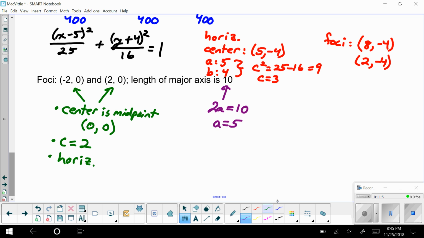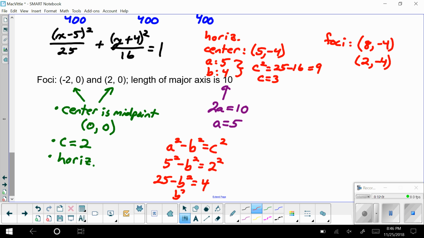But I also know that A squared minus B squared equals C squared. So 5 squared minus whatever B squared is has to equal 2 squared. 25 minus B squared is equal to 4. So that means that B squared is 21.